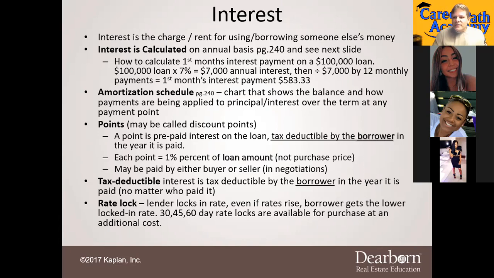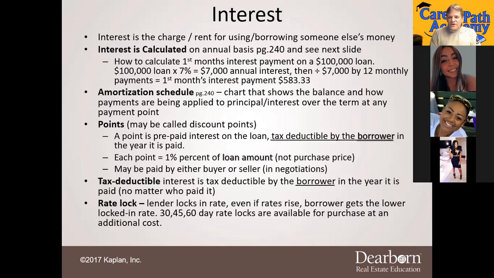Now, what if I'm a great negotiator and I negotiate for the seller to prepay the interest, the points, on the borrower's loan? Who could deduct it then? Seller. It's the borrower's loan. Borrower.